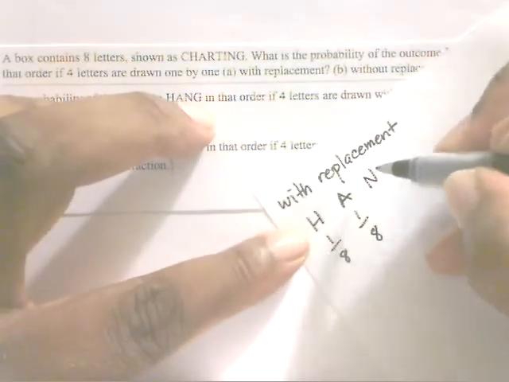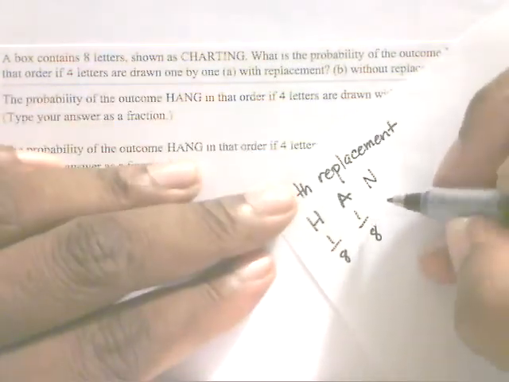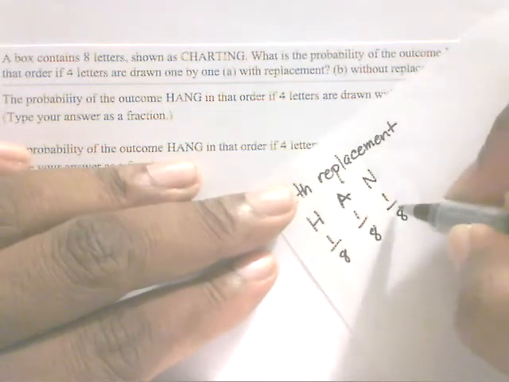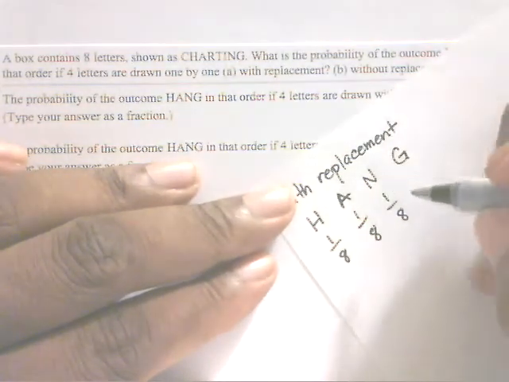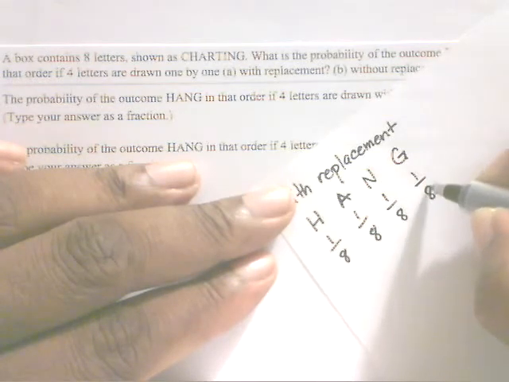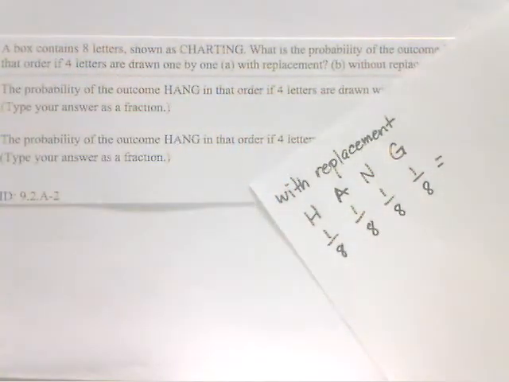Then the A goes back in the box. The probability of drawing an N is again 1/8, and with the N going back in the box, the probability of the G will be 1/8.